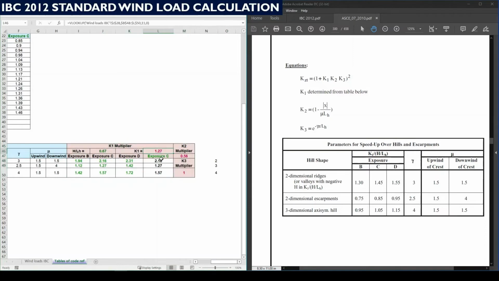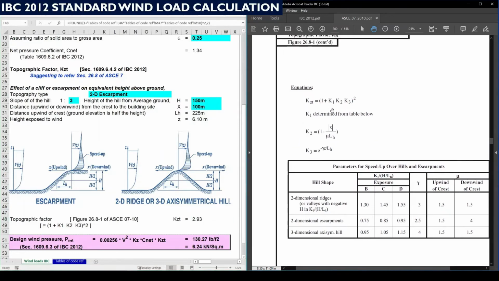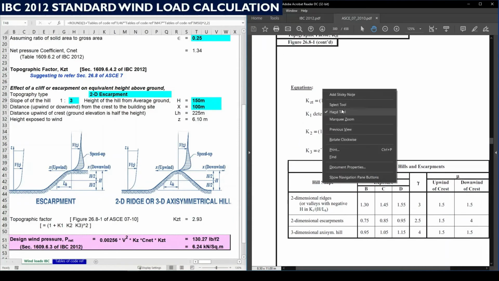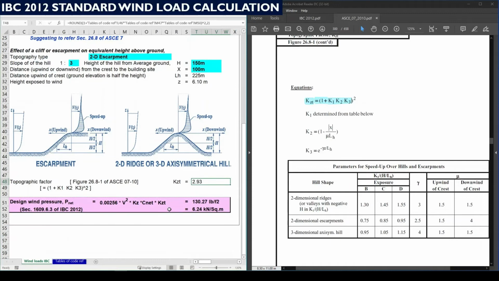So K1 is 1.25, K2 is 0.56 and K3 is 1. Simply applying this formula given in ASCE, Kzt equals (1 plus K1 into K2 into K3) whole square, we get Kzt as 2.93.